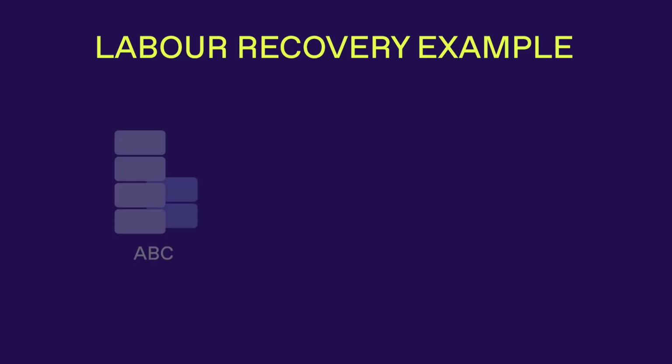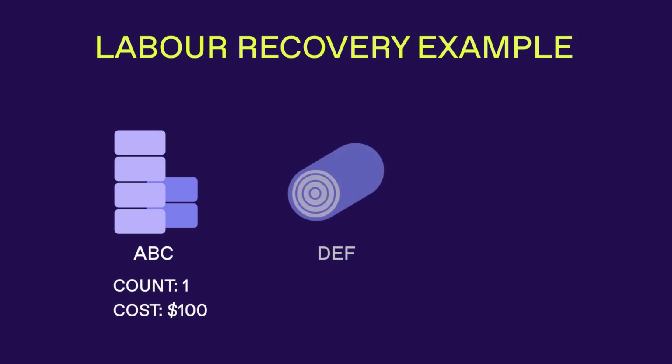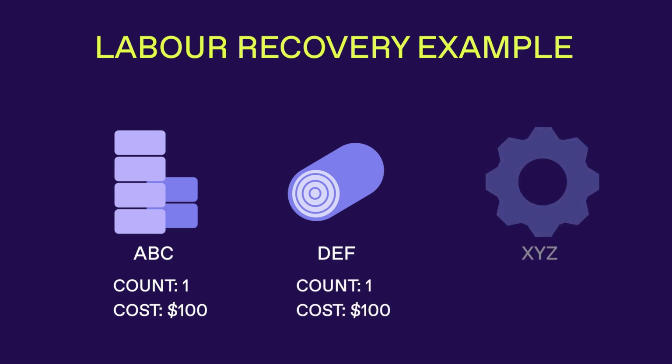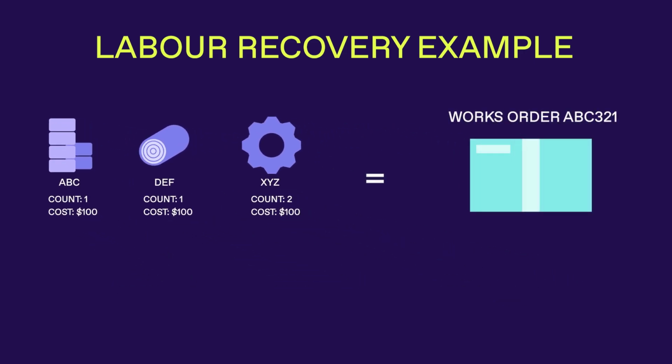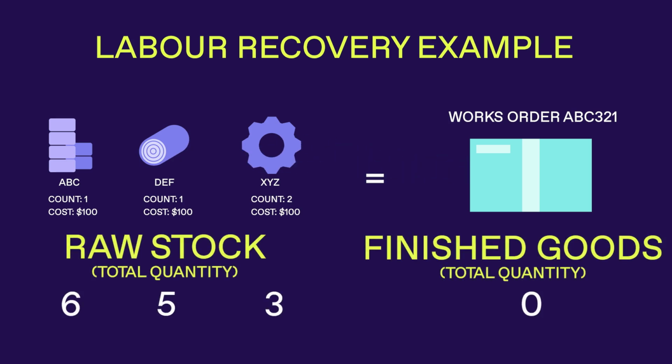Let's say we have stock item ABC and we use one of those and they cost $100. Stock item D, E, and F and we use one of those and that costs $100. And item X, Y, and Z and we use two of those and they also cost $100. When we create that works order and take those raw materials into finished goods, it shifts stock code A, B, C, D, E, and F, and X, Y, Z. It reduces them all down by the quantity that we use to then create a new finished good.